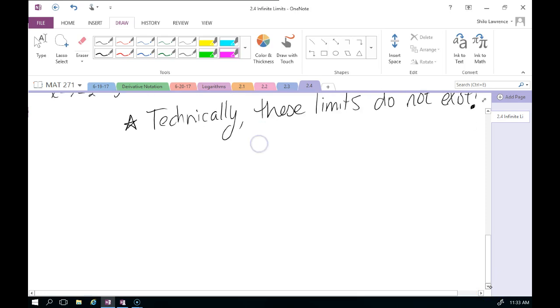So numerically, the way that we're going to identify these infinite limits is we'll see those y values shoot off to positive or negative infinity in our table.